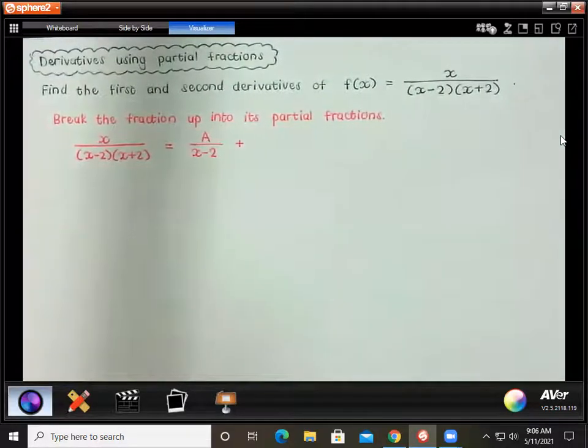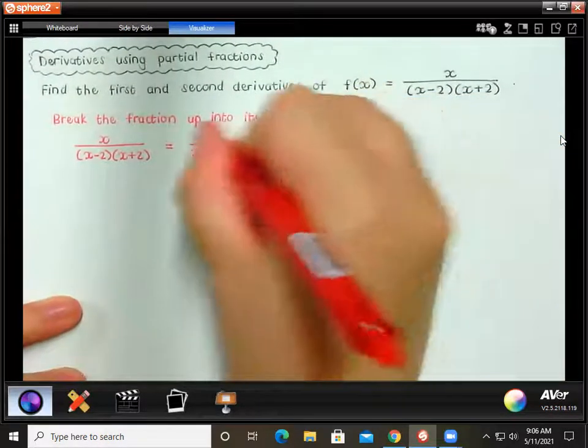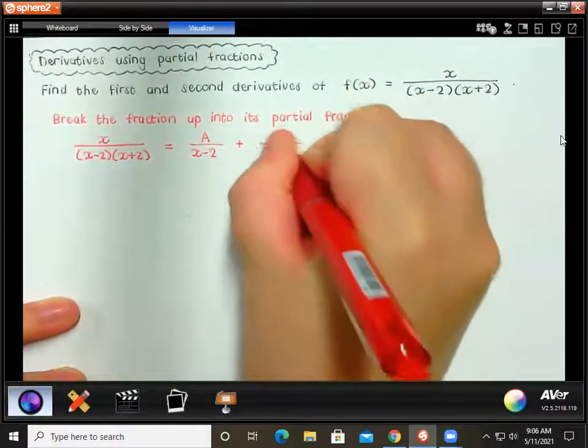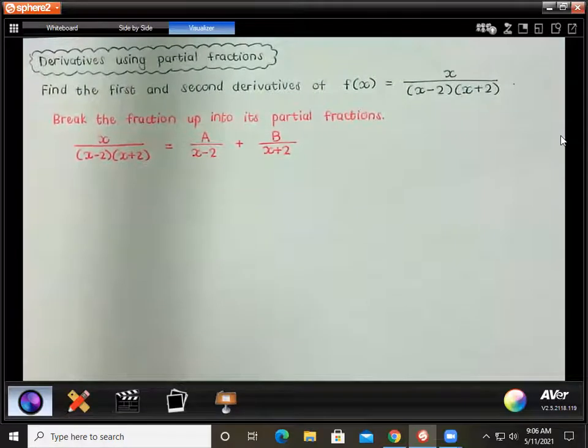It depends on what the value of B is. All right, but we just go with a plus for now. B over x plus 2.